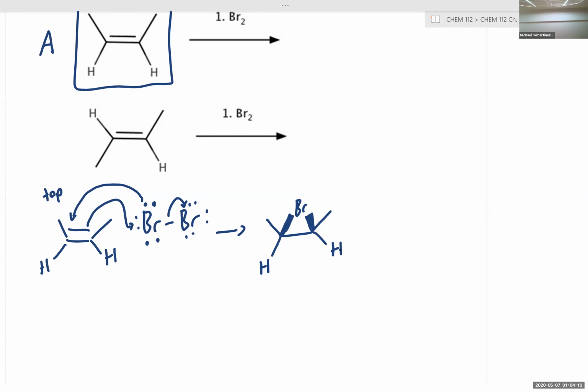I'm showing that the bromine's attacking. I'm currently putting together the model of the bromonium intermediate that we generate.